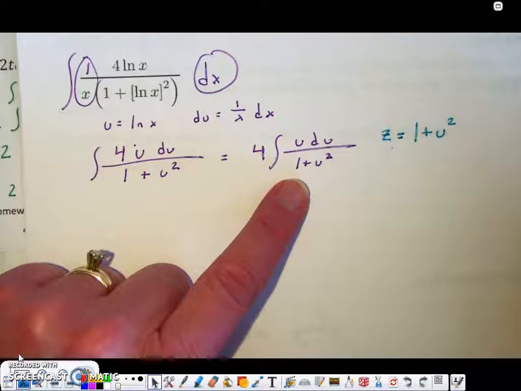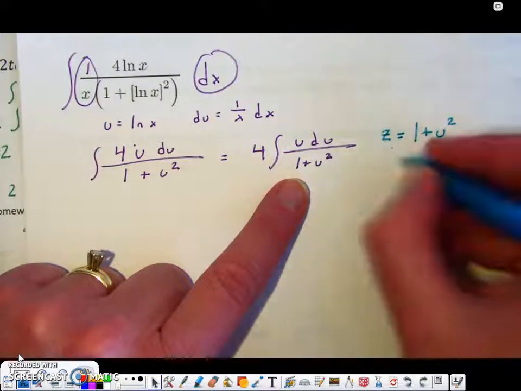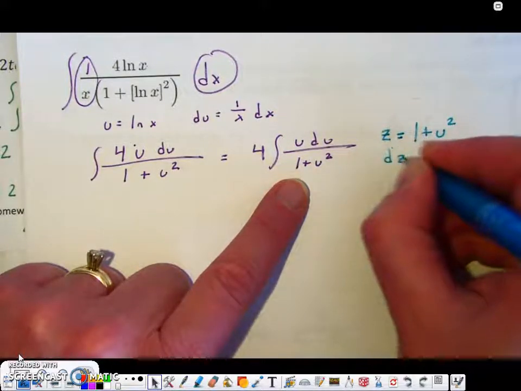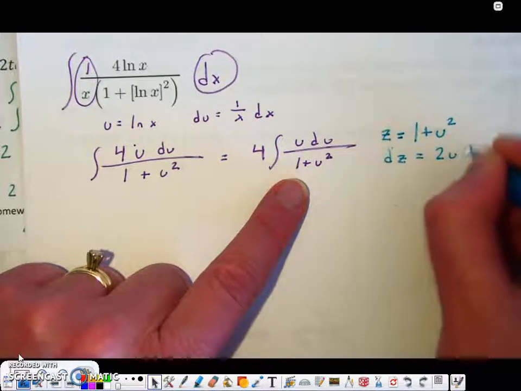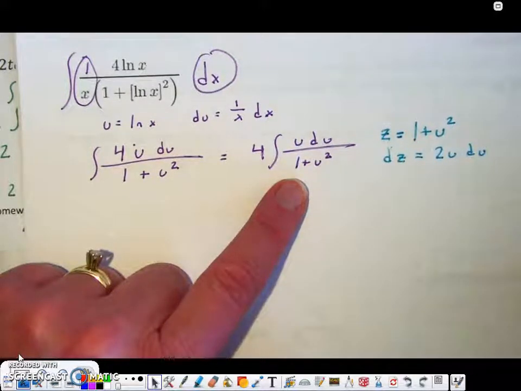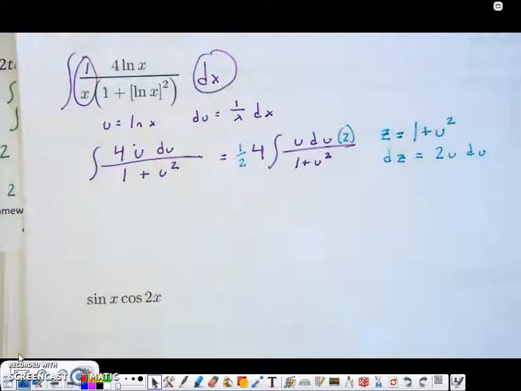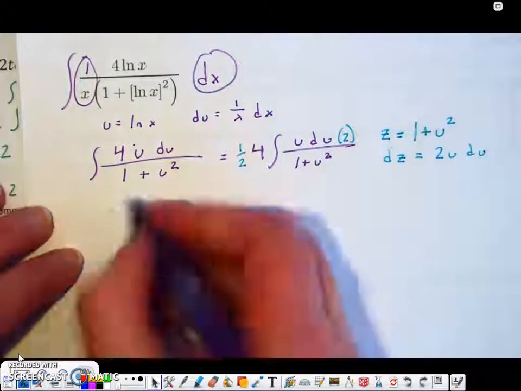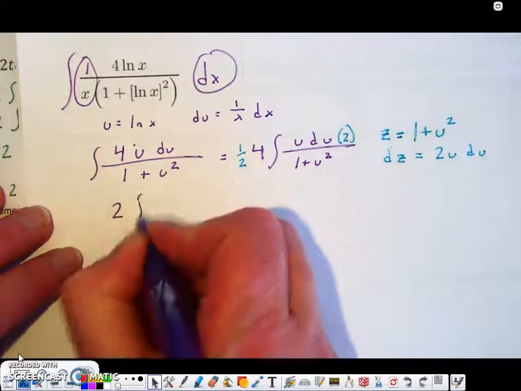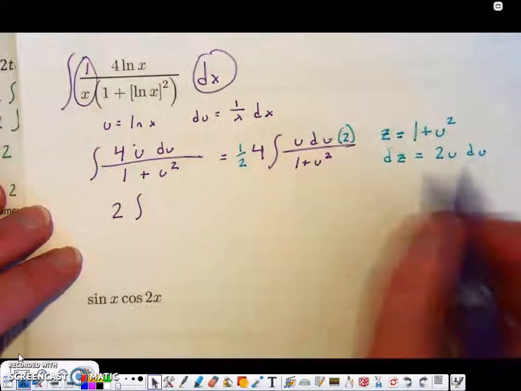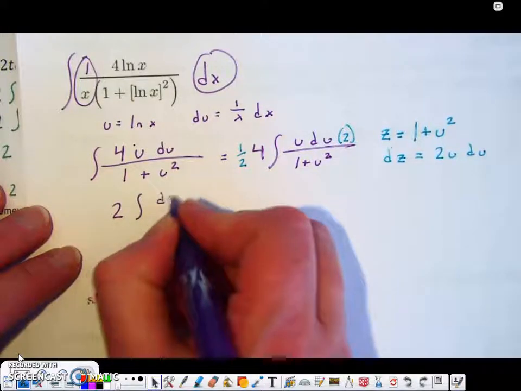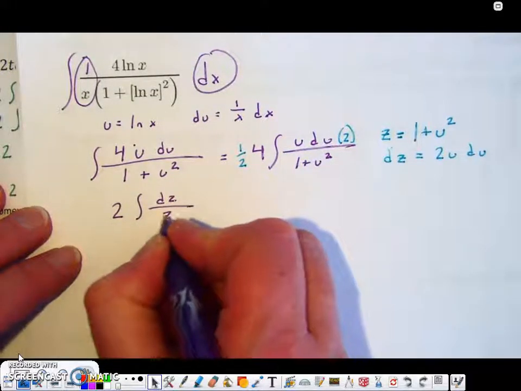All right, so if we let Z, whatever letter you want, be 1 plus u squared, then dz is 2u du. And you almost have it. You need a 2, and you put a 1/2 on the outside. So now this looks like 2 times the integral of 2u du, which is your dz, over z.